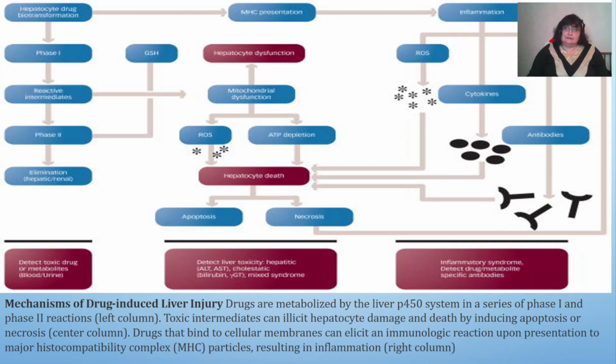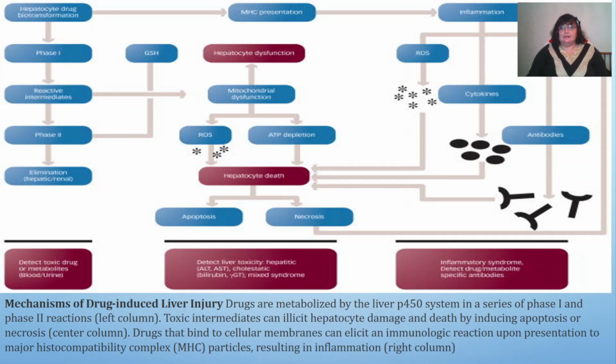It can be a reason for a typical pathological process such as inflammation, activated oxidative radicals. Proinflammatory cytokines can be activated, interleukin 1, interleukin 6, and it can be a cause of appearing antibodies too. We see that in the mechanism of drug-induced liver injury, drugs are metabolized by the liver P450 system in a series of phase 1 and phase 2 reactions.